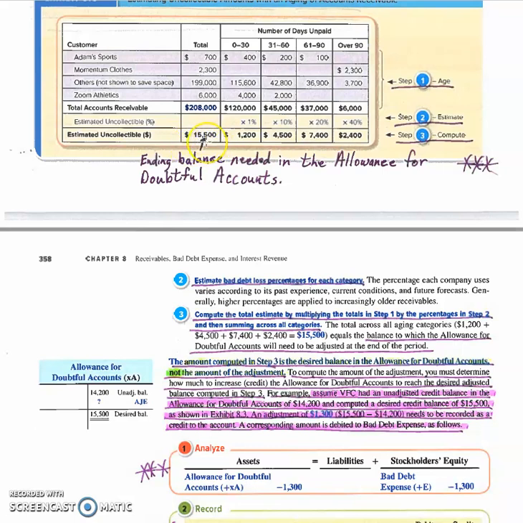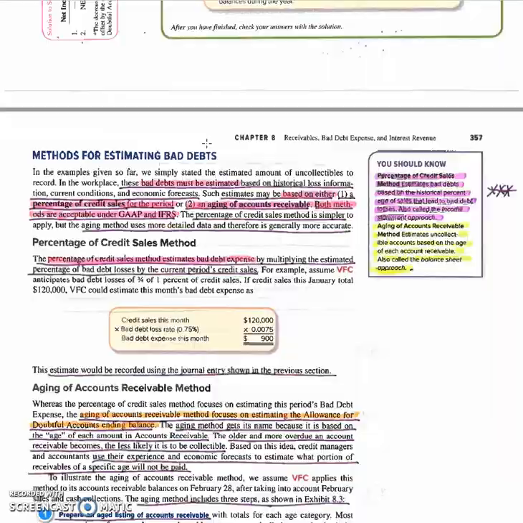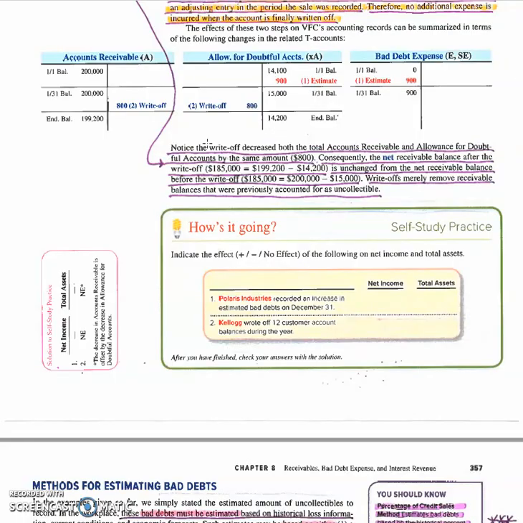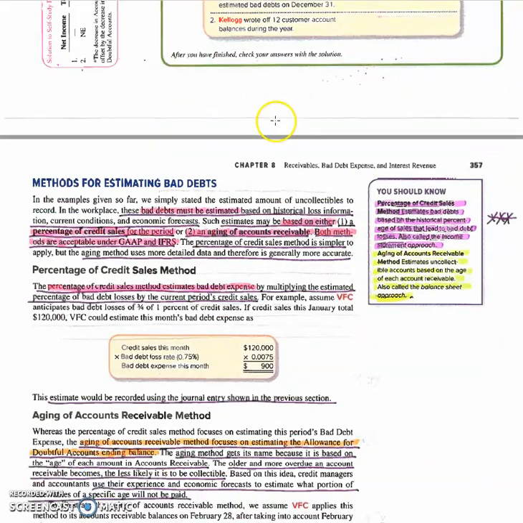So we need a $15,500 balance. Right up here, I didn't go up far enough a while ago, but here is our account. It had an ending balance from the previous period of 14,200.